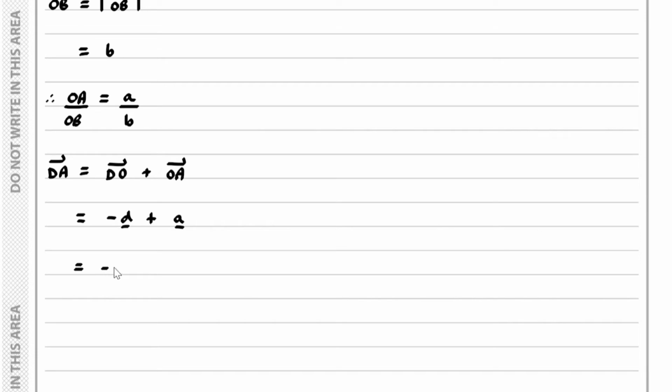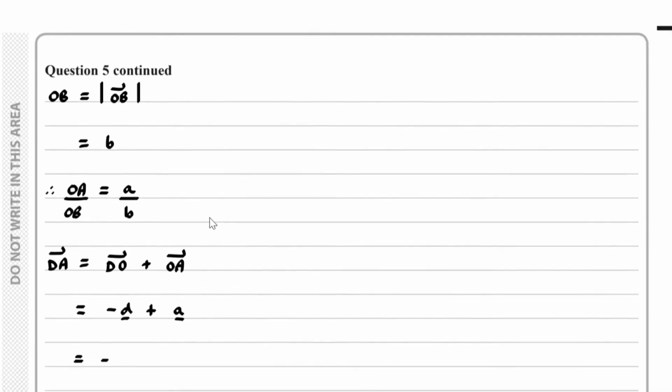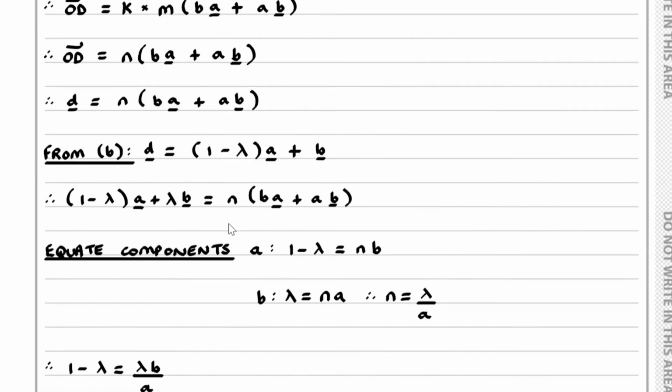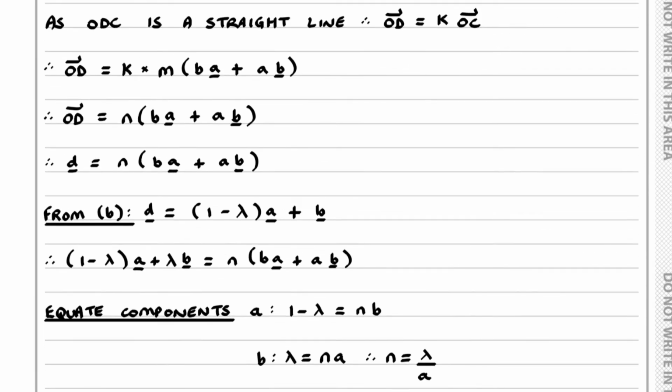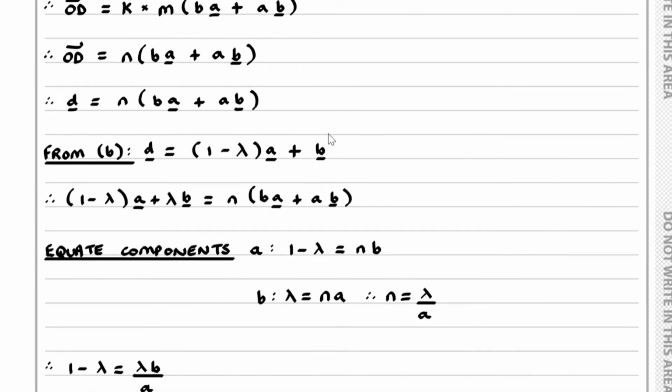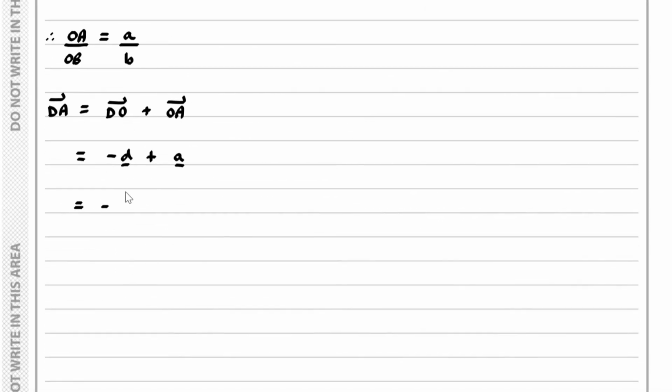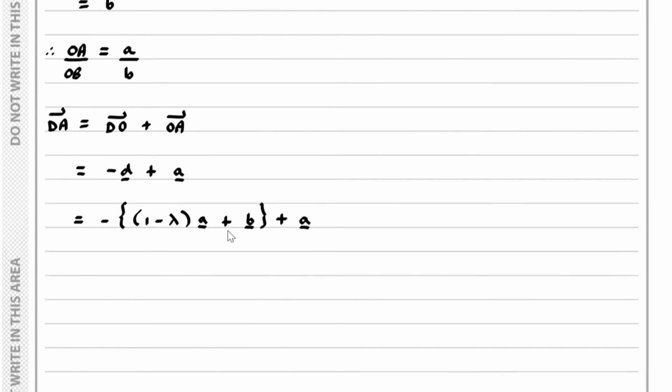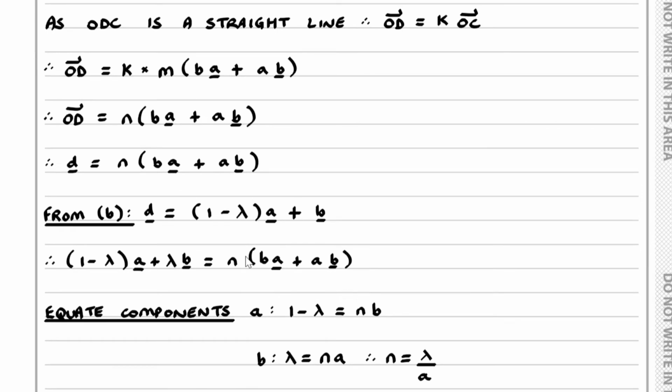And if I remember what d is, that's equal to 1 minus lambda a plus b. So I've got negative 1 minus lambda a plus b, and then I'm adding on to this a.